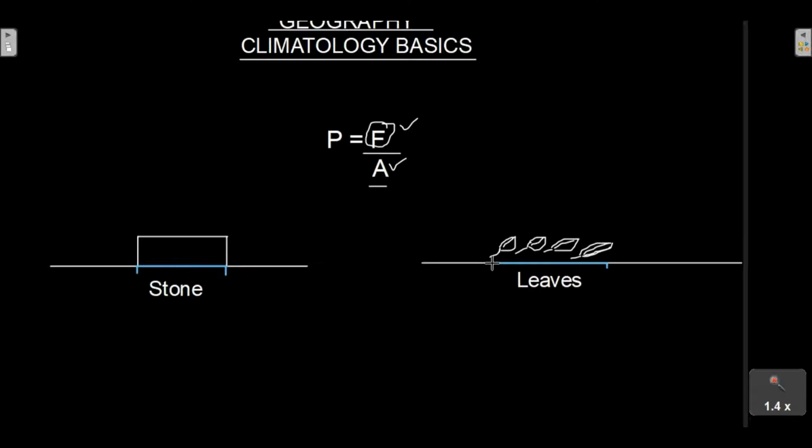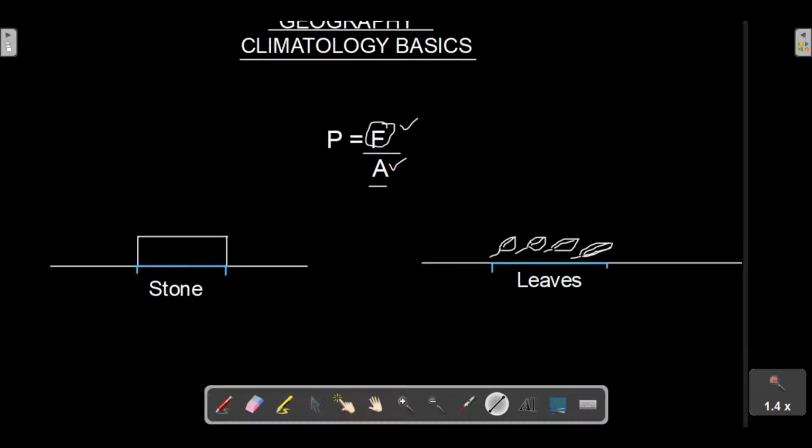That means we've kept the surface area constant, and so what will dictate whether each one of these applies a higher or lower pressure will be the force. Of course, the force also takes into consideration the mass of a particular object.